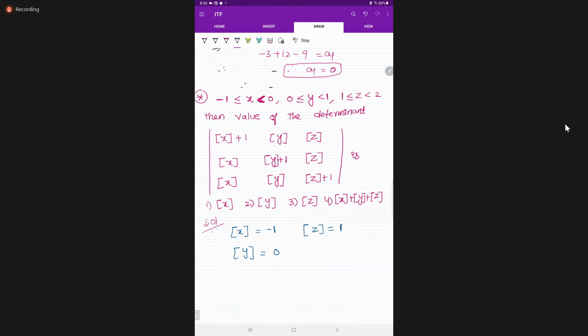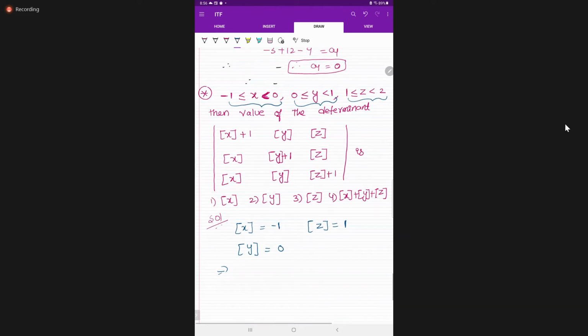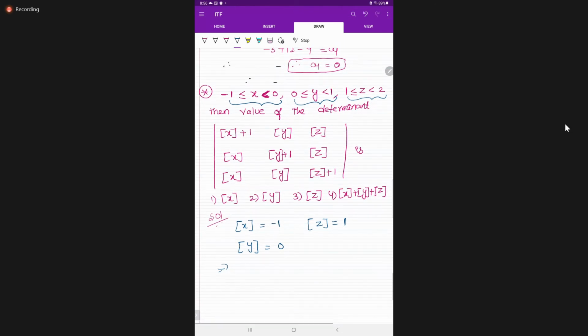Yes, ma'am. Now substitute there. So from this, I am writing step values. Is there any doubt? Please respond, students. No, ma'am. -1 plus 1, it is 0. Y also 0. This is 1. Next, step x value, it is -1.